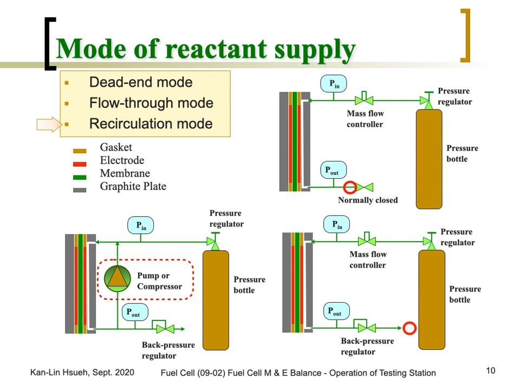So usually this kind of configuration is used for larger scale, maybe kilowatt fuel cells. They may be equipped with a pump or compressor for that purpose. So the hydrogen will flow through the cell and then recirculate back.